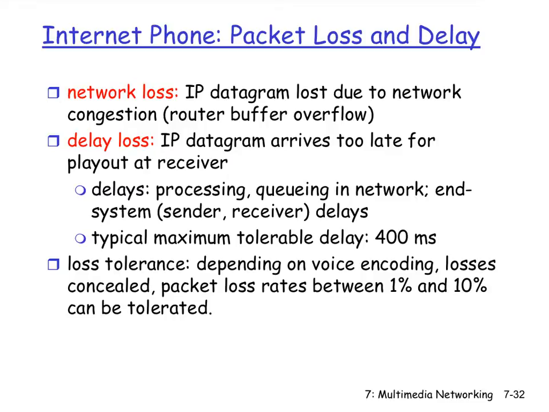And based on that, this delay tolerance will change. Okay? So that depends on the encoding, and of course, it depends on the loss rate from the network point of view, or the delay from the network point of view. Okay? So it depends on two things. It depends on the encoding method or the encoding type, and it depends on the performance of the network.